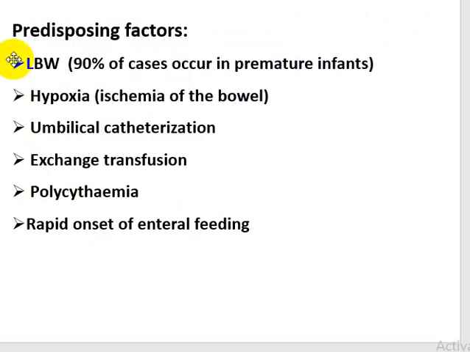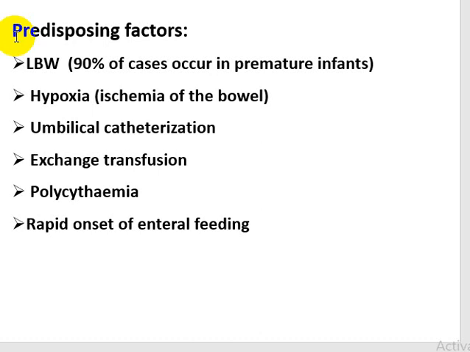There are many predisposing factors behind this condition, and most of these neonates, nearly 90%, are premature, especially when they are exposed to hypoxia, like respiratory distress syndrome or pneumonia, because hypoxia will lead to ischemia of the bowel.